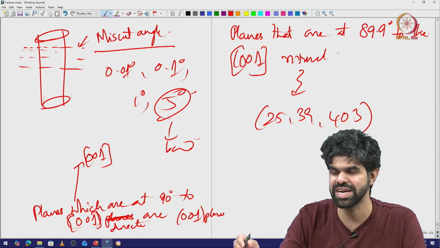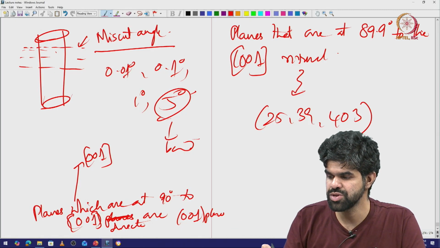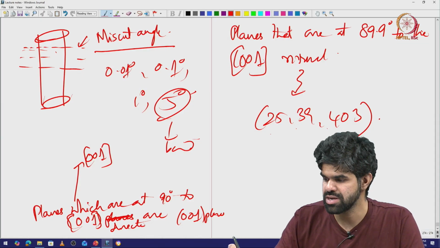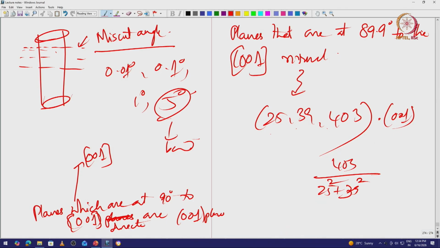So this may not be at 89 degrees, you can calculate. What is the angle between 001 and this plane? 403 divided by the square root of 25 squared plus 39 squared plus 403 squared, that is cos theta.